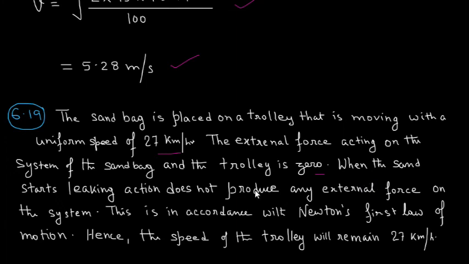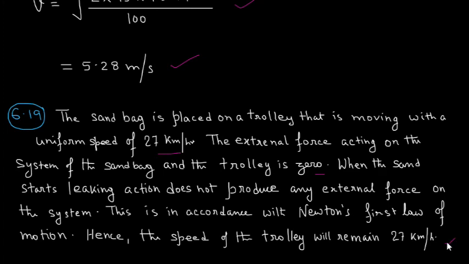When the sand starts leaking, the action does not produce any external force on the system. This is in accordance with Newton's first law of motion. Hence, the speed of the trolley remains 27 km per hour.